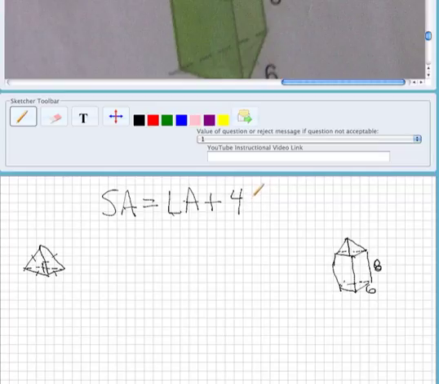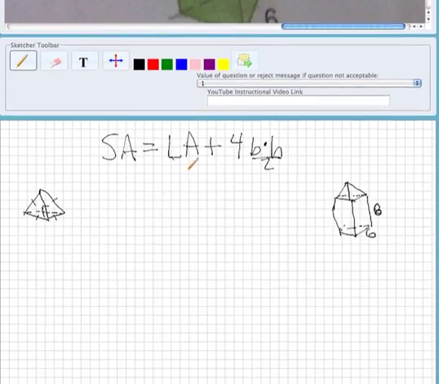We'll say that this is base times height divided by 2, because that's the area of a triangle, and we'll find this area of the triangle. And then the lateral area is just going to be the perimeter of the base, which is the triangle, times the height.